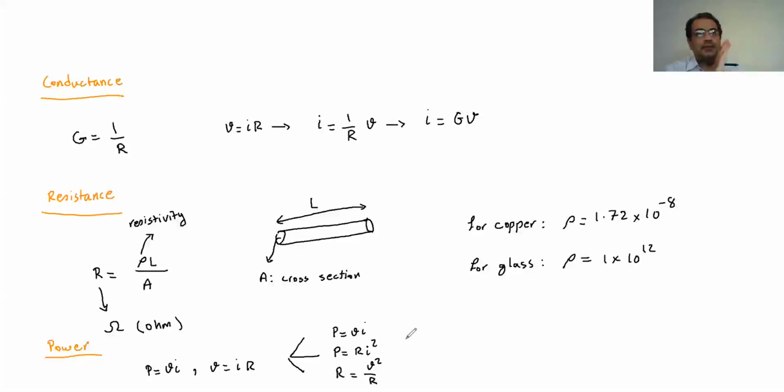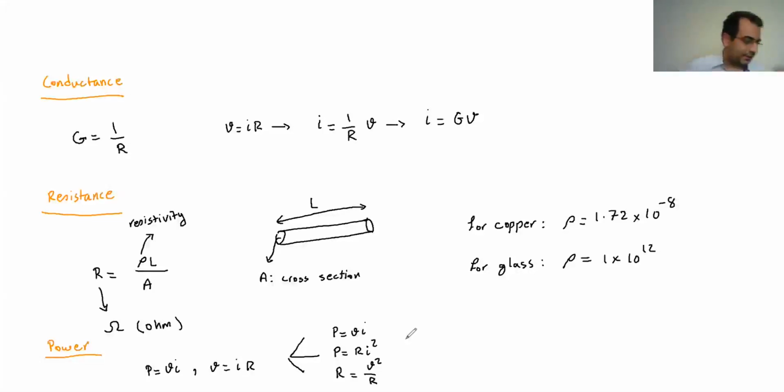The resistance always uses the energy, so it always absorbs the energy. Remember, when we use the energy, P is positive. When we provide the energy, the power is negative. So for the resistance, power is always positive. It's always using the energy.